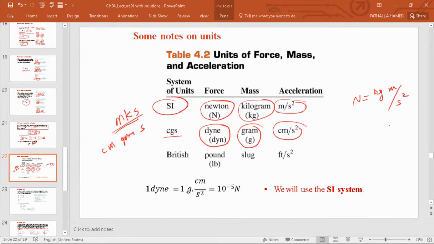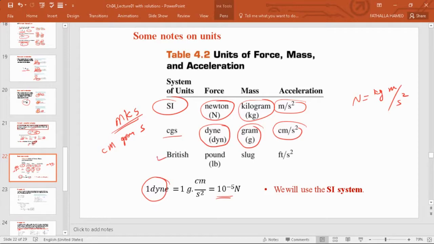And that's why we say a Newton is equal to 100,000 dynes. So 1 dyne is equal to 1 gram centimeter per second squared, but it's equal to 10 raised to the power minus 5 newtons. So 1 Newton contains 100,000 dynes.